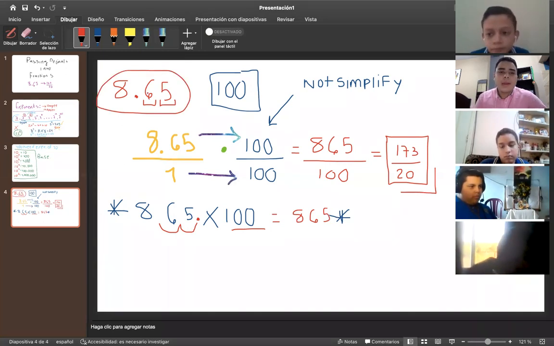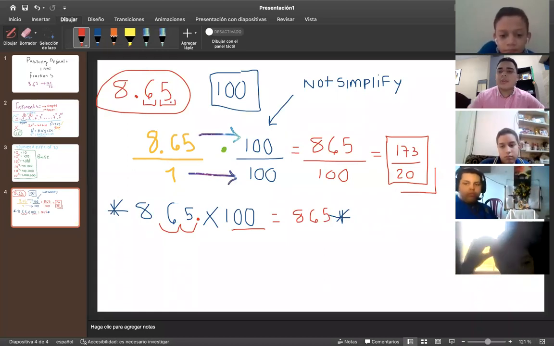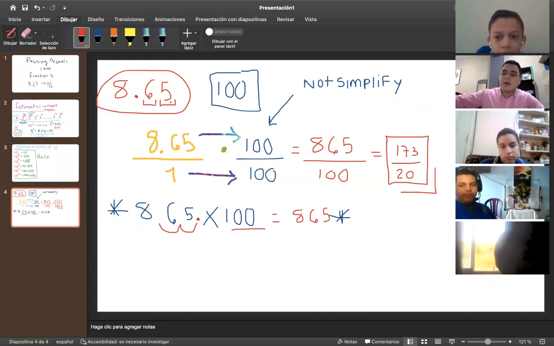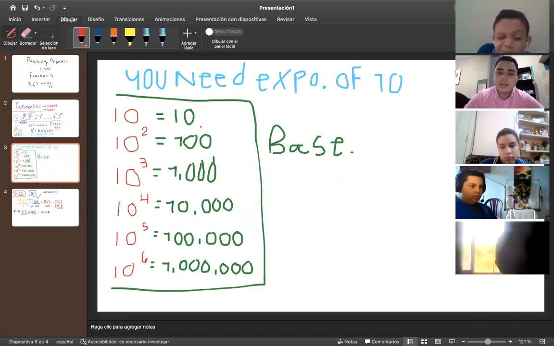So how many decimal numbers do you see in this exercise, Luis? The decimal numbers are the numbers in the right part of the decimal point. How many numbers do you see there? 2. Right? So you are going to check your base. This is your base, remember.